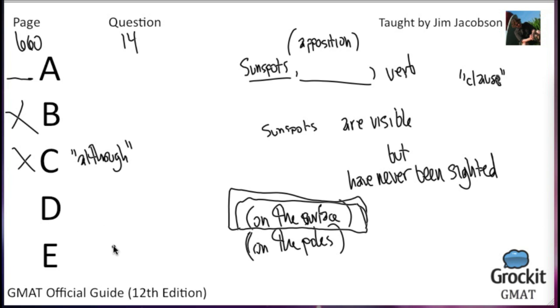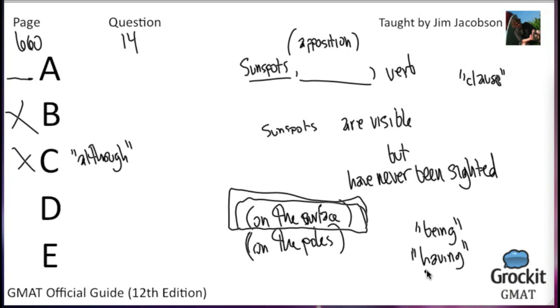Choice D actually does the same thing. Sunspots appear as dark spots on the surface of the sun, although never having been sighted. This is an example of where you need to be suspicious of the words being and having. And this is the classic example of where having is definitely wrong. We'll actually have an example of where it's right later today in the broadcast.